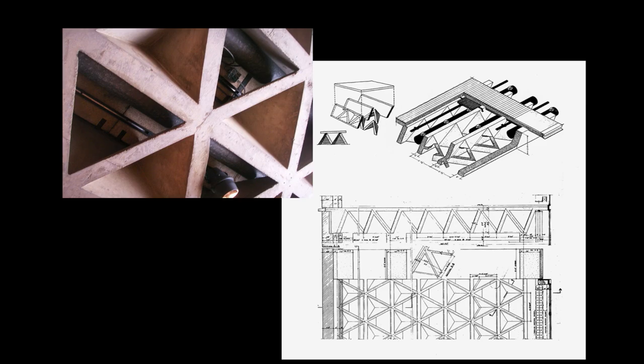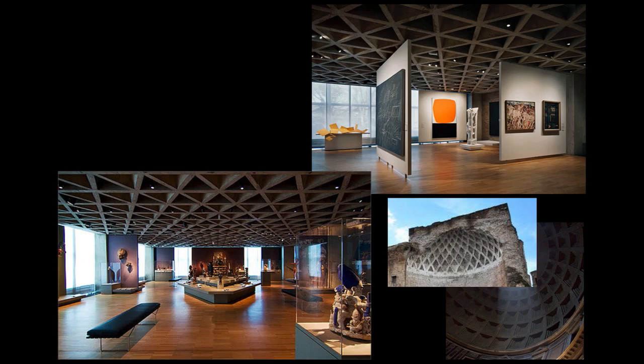And the effect that this had on the space was going to be really pretty interesting. When we take a look at the gallery spaces, and when we see the repeated geometry of the ceiling here, it seems to recall some of the coffering that we might see in ancient Roman concrete architecture. Coffering such as in the Pantheon or in the apse of the Temple of Venus in Rome.